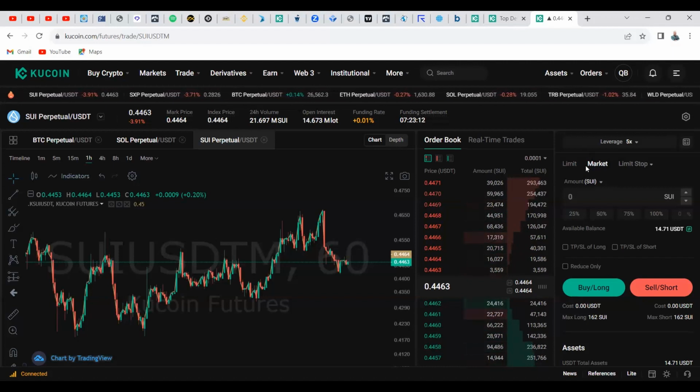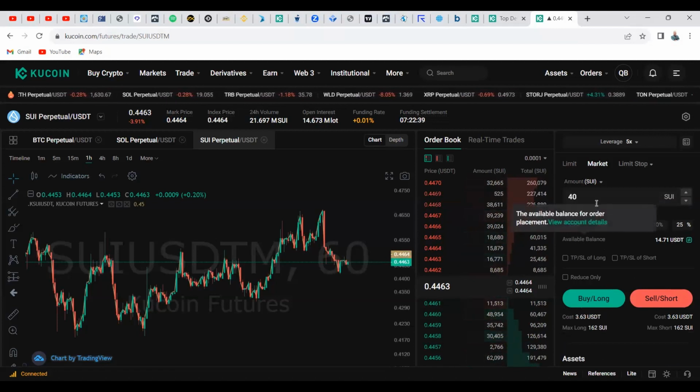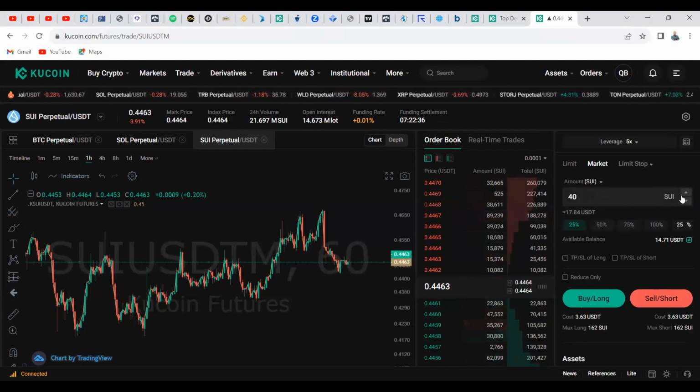So if you're placing a trade yourself via an online platform, for example, like Kucoin, that we are using over here, hitting the buy or sell button generally fulfills or executes the order immediately. So if I click buy or sell, having obviously determined how much SUI I'm going to buy, or maybe if I click on say 25% of cap, I essentially want to buy 40 SUI, for example.